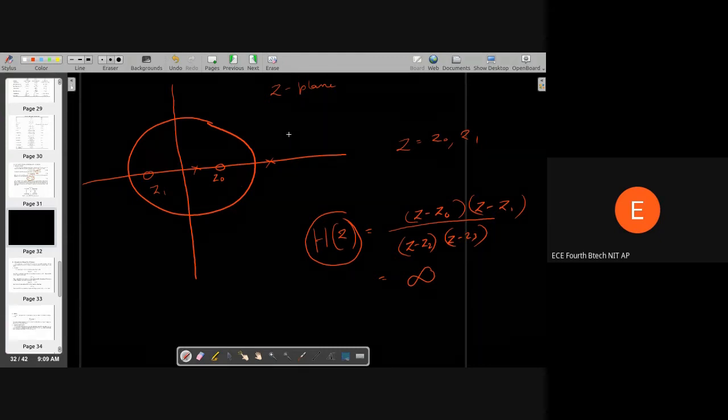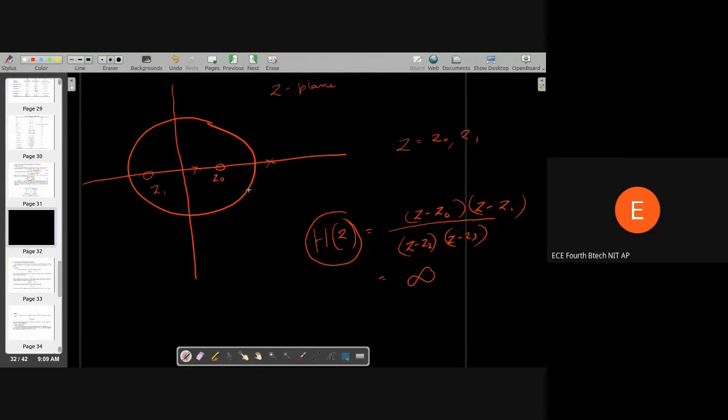The location of poles and zeros gives a lot of information and helps us analyze the system in a very simple manner, unlike a difference equation in the time domain, which is very complex to analyze and to relate output and input, if it is a very large equation, which happens in our normal applications.